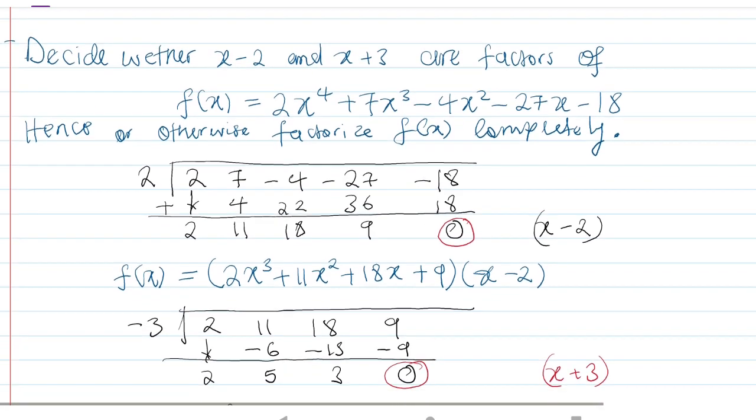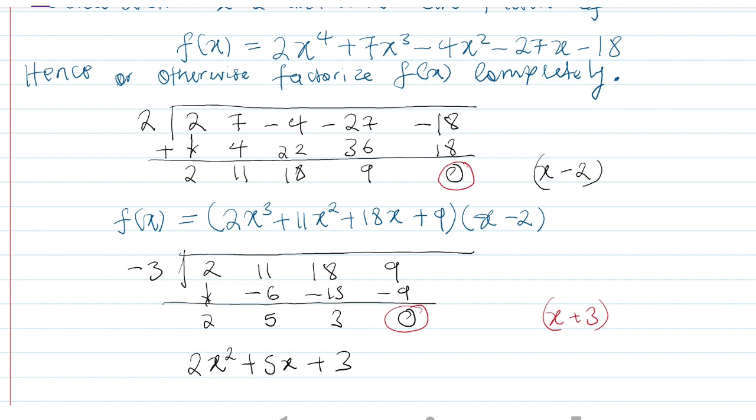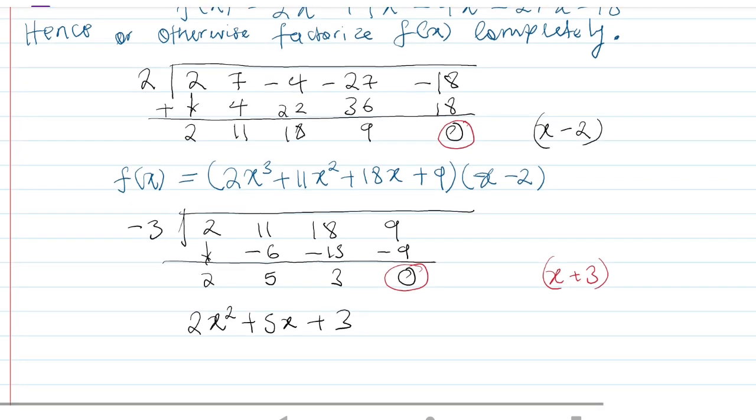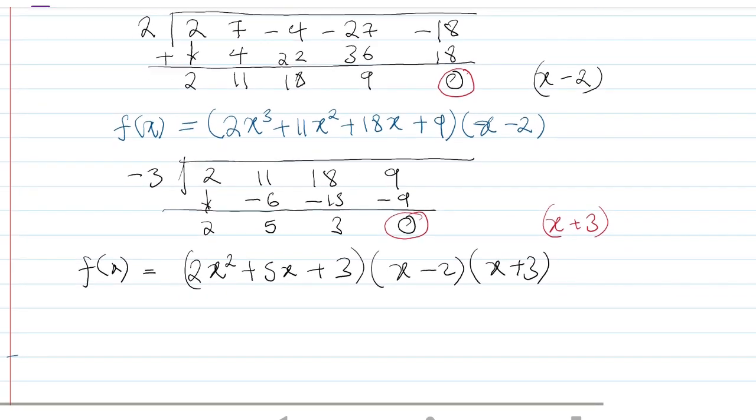All right. Now the question says hence or otherwise factorize. So we have x minus 2, we have x plus 3, then we can multiply this now by x minus 2, x plus 3. Okay, so this is our polynomial. But remember, 2x squared plus 5x plus 3 can also be factorized.